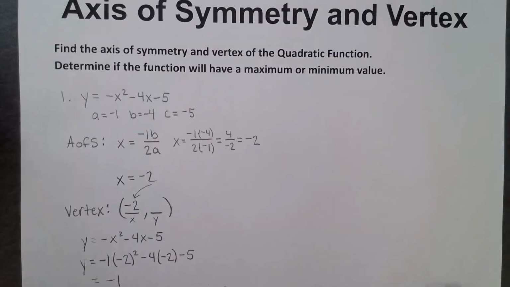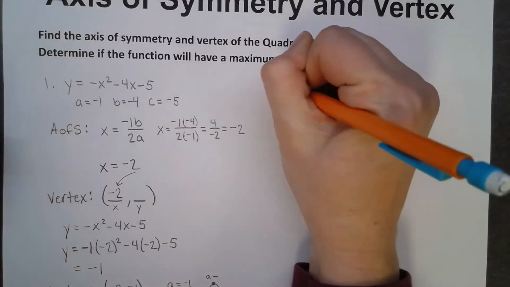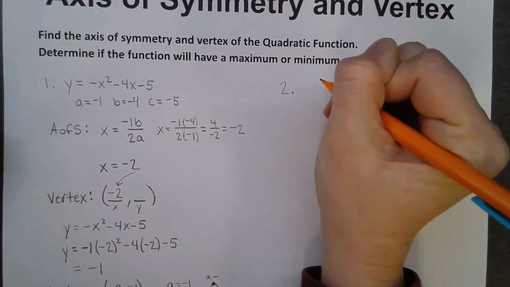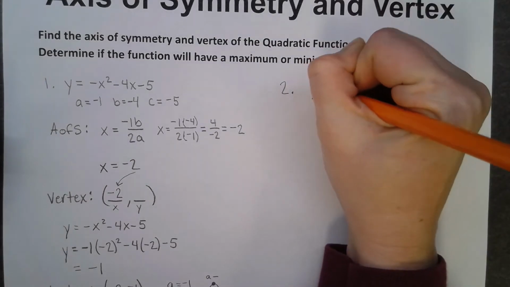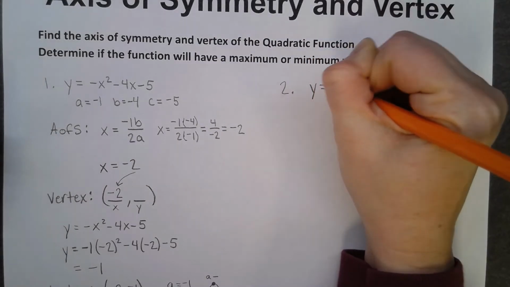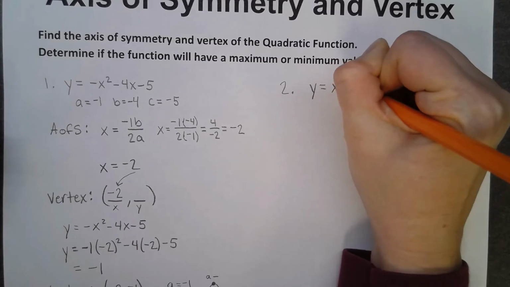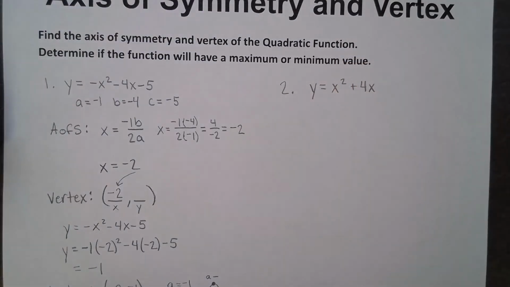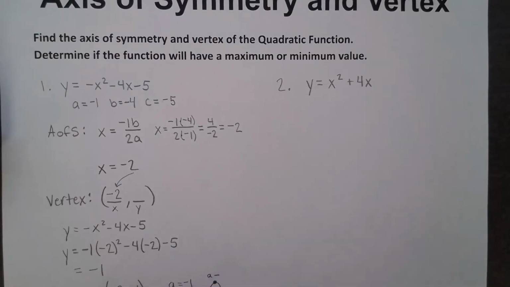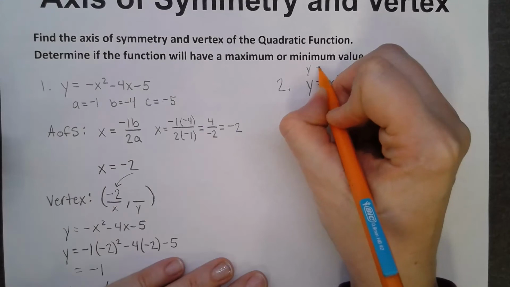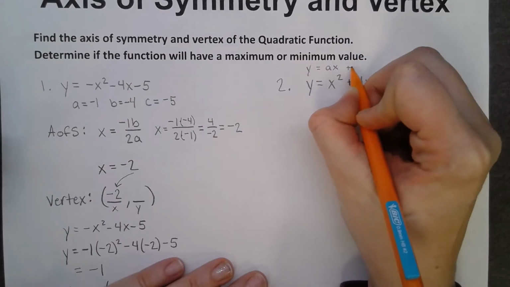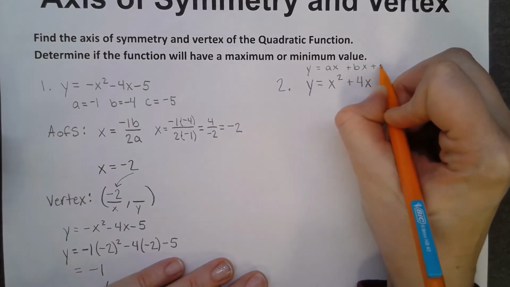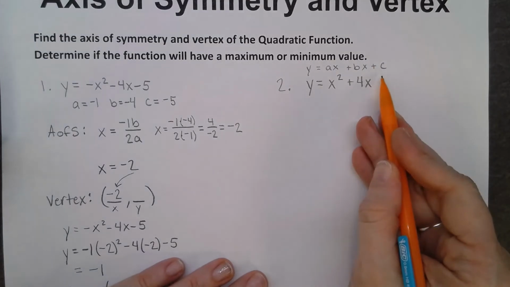Let's look at another example, number 2. Here we're going to have y equals x squared plus 4x. Well, we're still going to start the same with naming our a, b, and c, but notice in standard form we actually don't have a c.